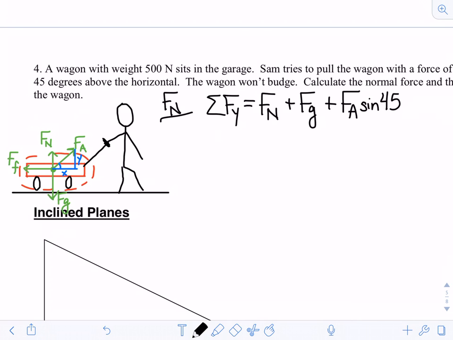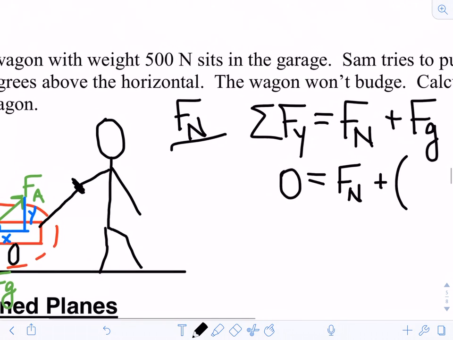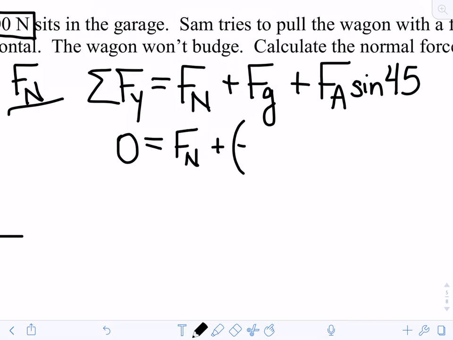So according to Newton's first law, these forces need to sum to be 0. So 0 is equal to the normal force plus the force of gravity, which they tell us is 500 newtons, right? Because we know that weight is synonymous with the force of gravity, and that force of gravity is down, so we're going to put negative 500 newtons in for that force of gravity.